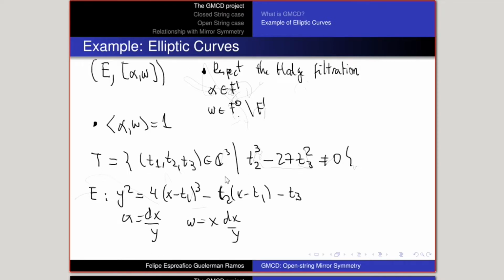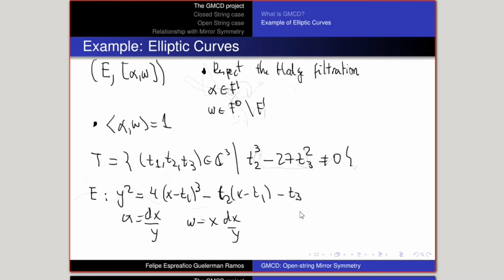So we have this moduli space, and now we recover modular forms. People should already be realizing that these Ti are related with the Eisenstein series, and that's true.